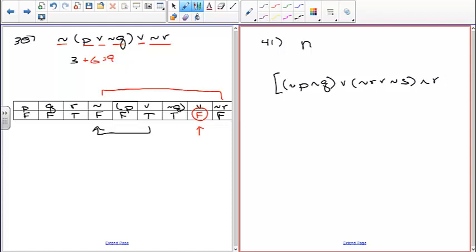I think I included too many parentheses, but it looks very complicated. But in this case, they're just looking for the number of rows. And so what we have is a P, a Q, an R, and an S. That's 4. So actually it's 2 to the nth power. In this case, n is 4, so you get 16. You need 16 rows.